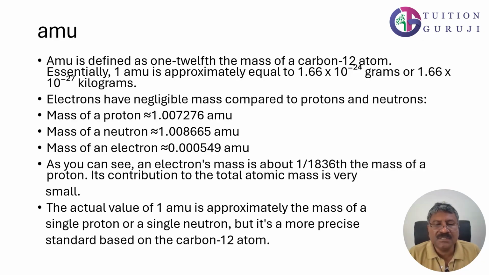So one electron's mass is about 1 by 1836 of the mass of the proton. The contribution of the electron to the total atomic mass is very negligible. The value of 1 AMU is approximately the mass of a single proton or a single neutron, but it is a more precise standard based on the carbon-12 atom.